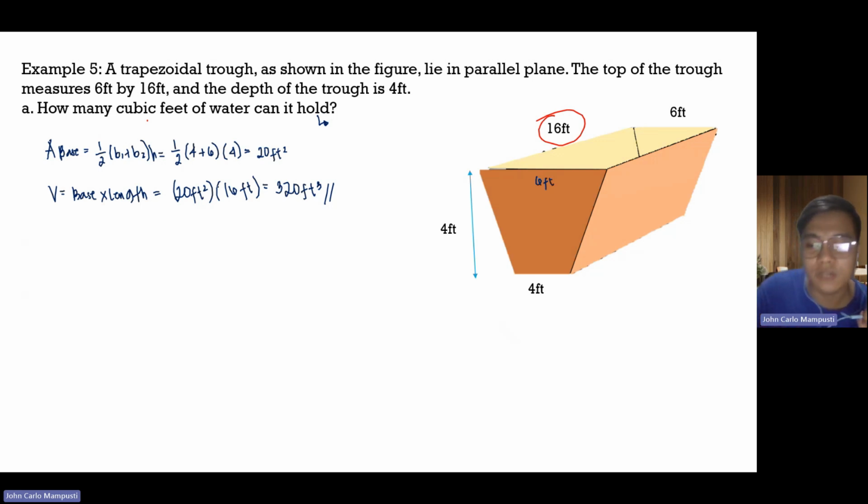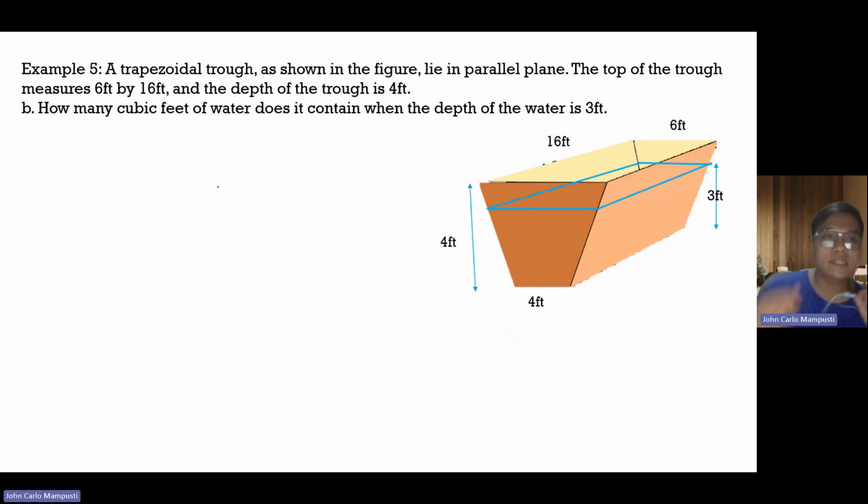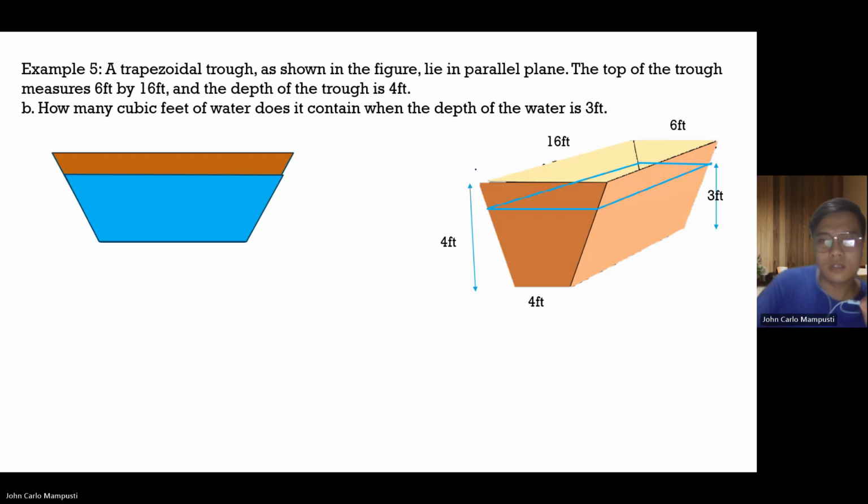So, what if hindi total volume yung hinahanap? Let's say, how many cubic feet of water does it contain when the depth of water is only 3 feet? Ibig sabihin, 1 feet away from the top of the straw. So, kunin natin yung cross-section muna, no? I-drawing muna natin kung ano yung itsura ng cross-section natin.